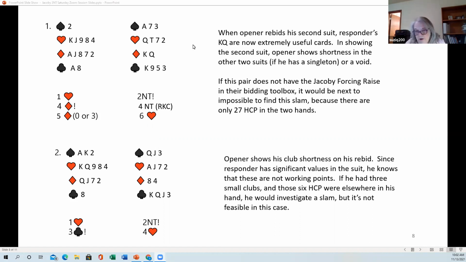So 3 hearts is not sufficient for this hand. 4 hearts is way not sufficient for this hand. And not using Jacoby 2 no trump doesn't give you the advantages of those openers rebids. So there are several reasons to adopt it if you're interested at all.